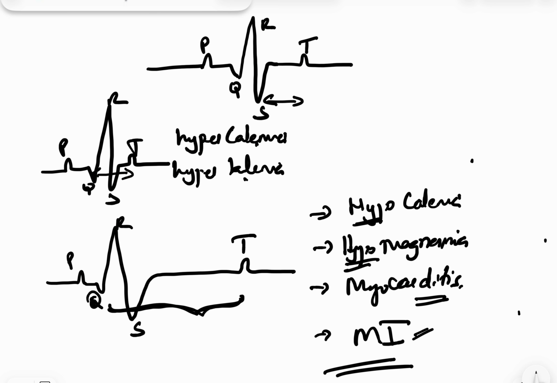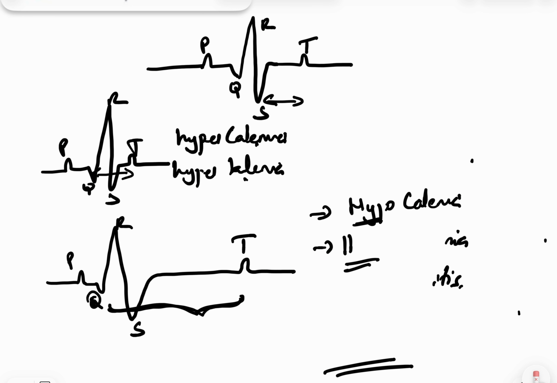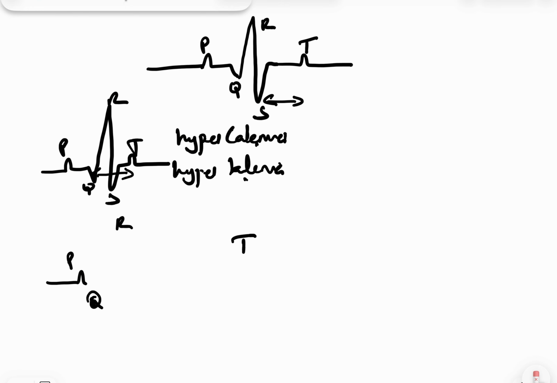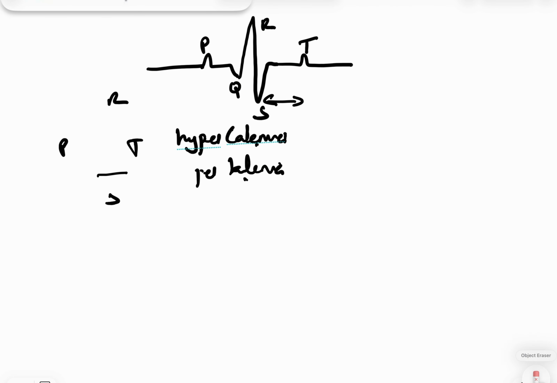For all these, we have to learn what disease conditions show up in different types of cardiovascular disease. So remember, for a prolonged QT wave, it is probably myocardial infarction or myocarditis or hypocalcemia. For a shortened QT wave, probably hypercalcemia or hyperkalemia.